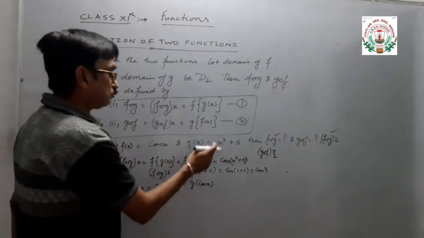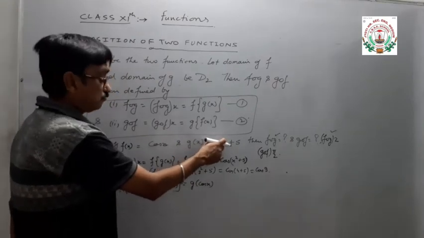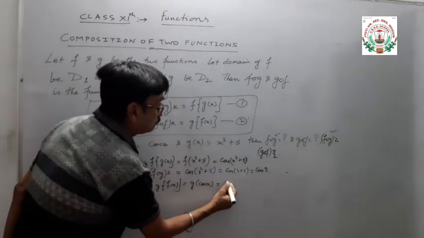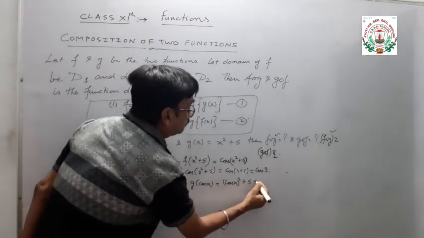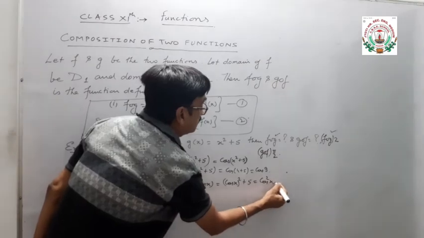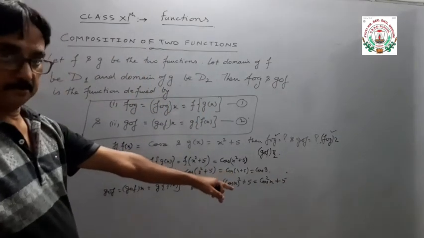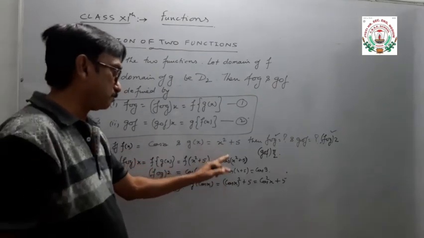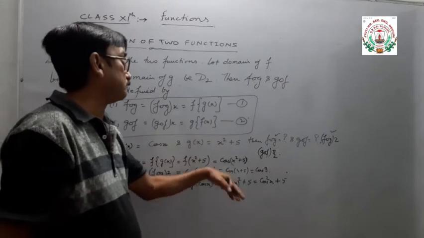That's why in place of x in the given function we have to put cos x. That becomes cos x the whole square plus 5, which is equal to cos square x plus 5. देखिए यहाँ पे ब्रैकेट नहीं लगेगा, it is cos square x, इस x के स्थान पे सिर्फ cos x आएगा, cos square x plus 5.